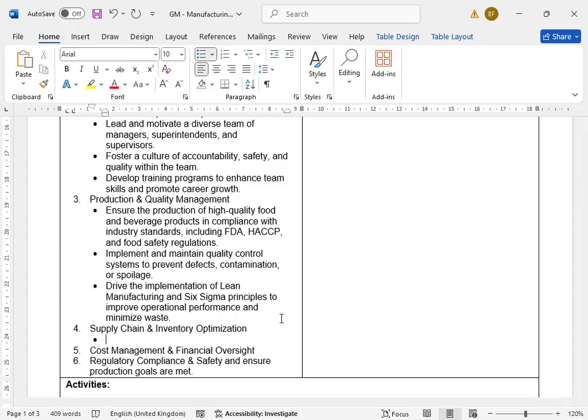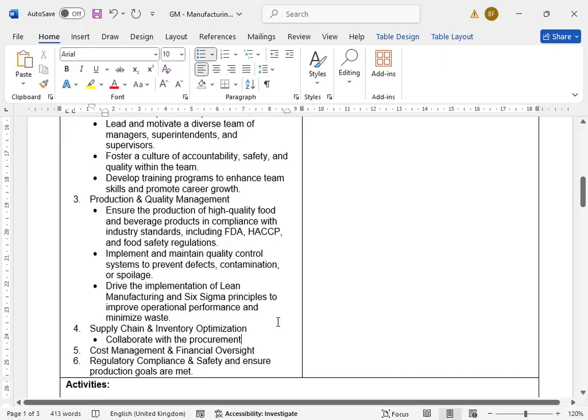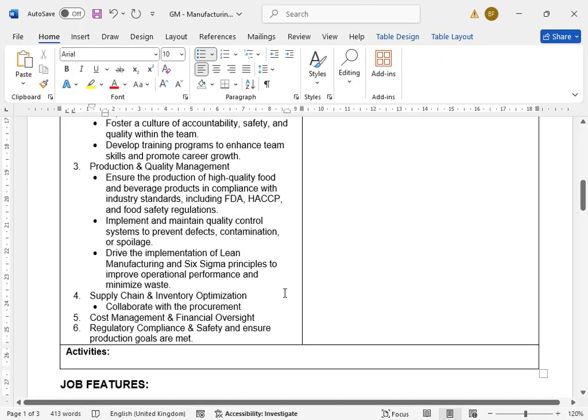Anyway, supply chain inventory optimization. Under this, I'm gonna say collaborate with the procurement. Raw materials are 80 to 90% of the cost.